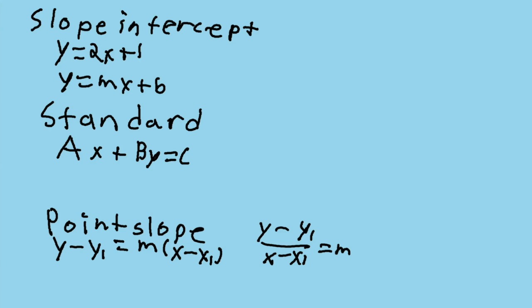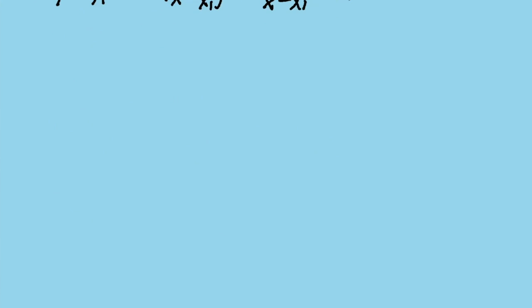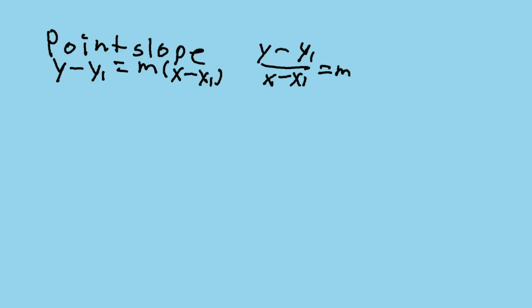Anyway, each form has its pros and cons. For example, slope-intercept personally is our favorite because it is the easiest for graphing. But I'll go more into these pros and cons after I make a nice graph for them.